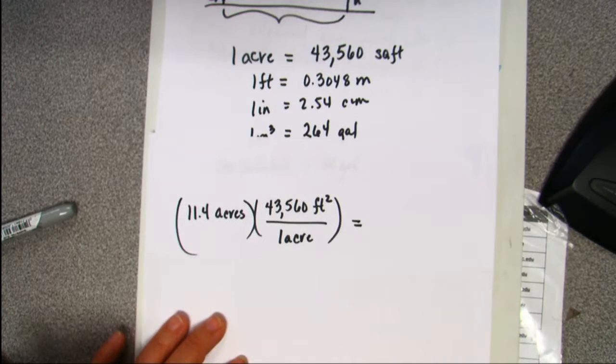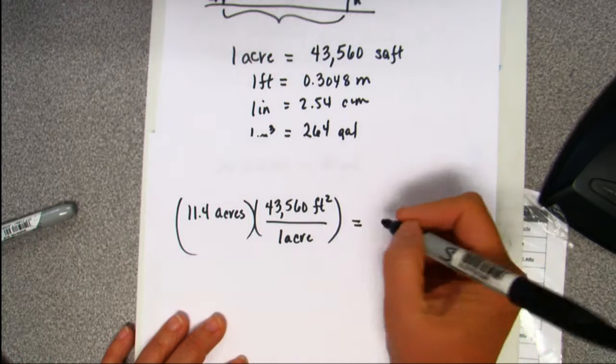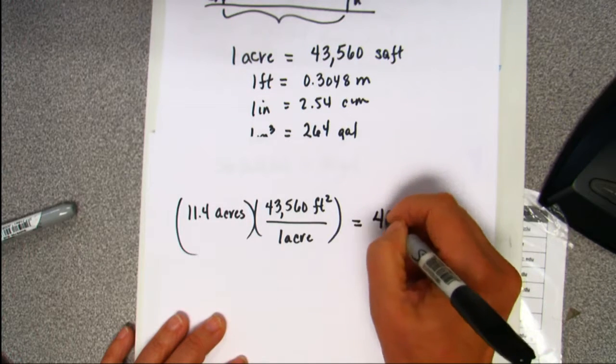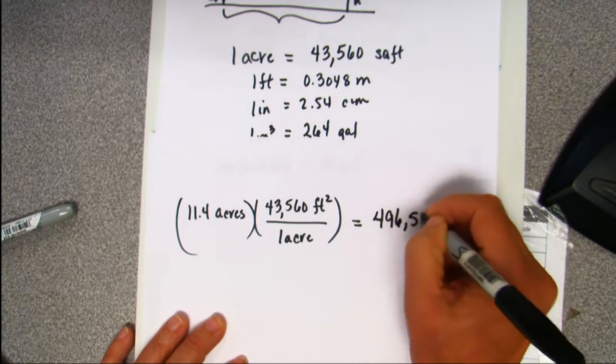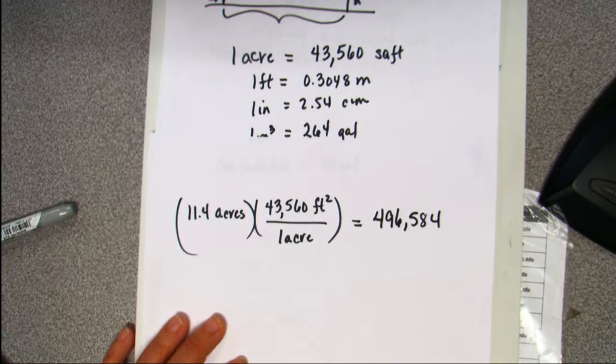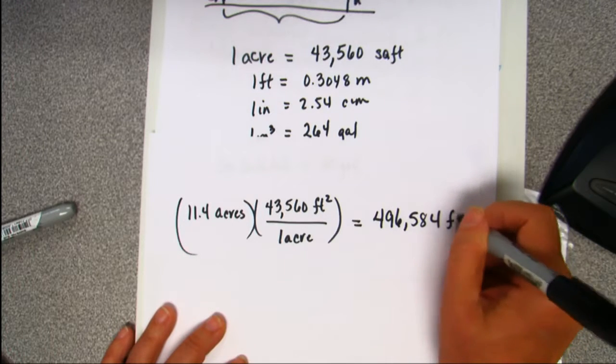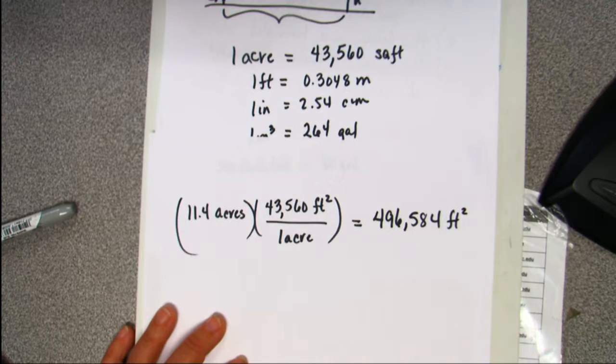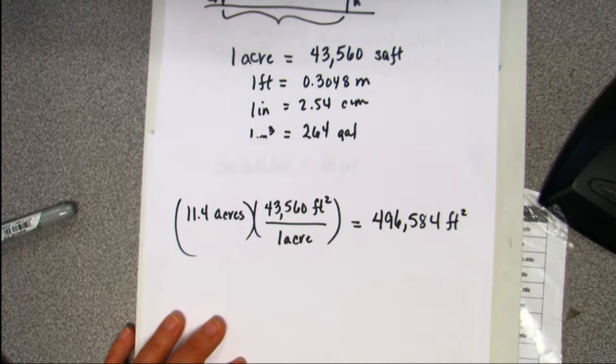I'm going to do it piecemeal, just because we're going to get some big numbers along the way. So this is 496,584. And I am not going to worry about significant figures until the end. I'm going to keep my interim figures. And this is now in feet squared.